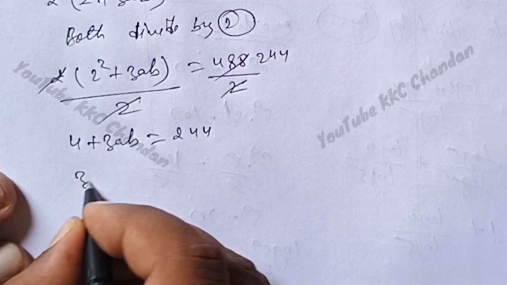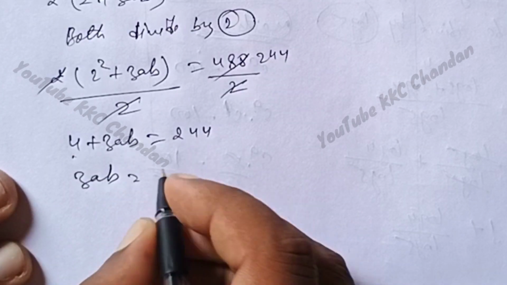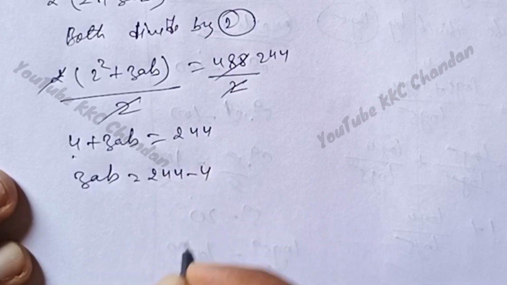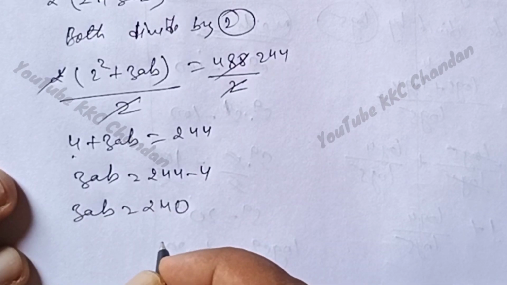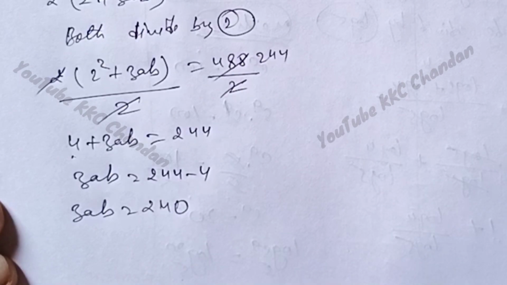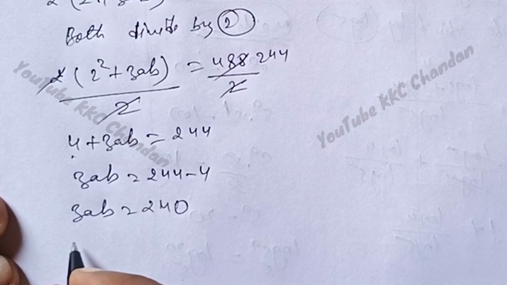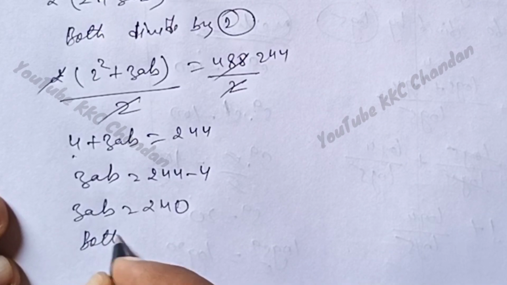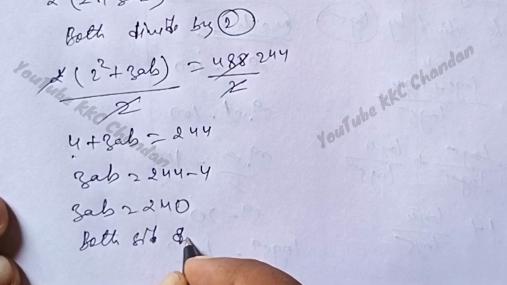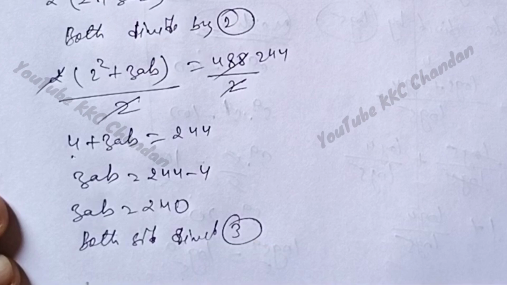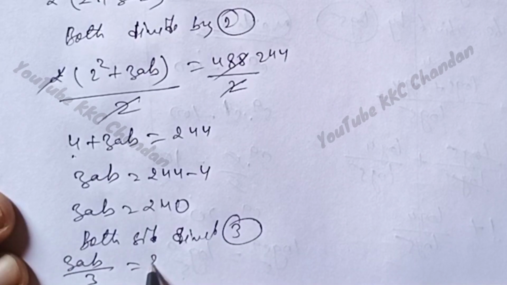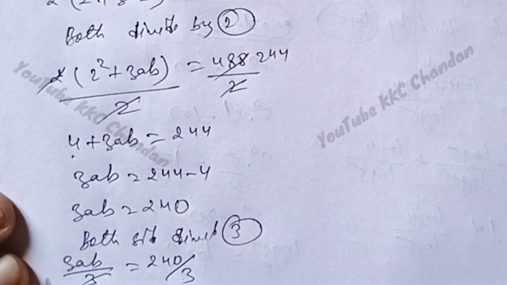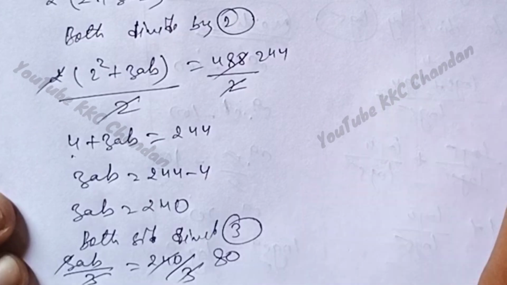After see here, 3AB is equal to 244 minus 4, the 4 comes this side. 3AB is equal to 240. Both sides divided by 3. 3AB divided by 3 is equal to 240 divided by 3. 3 cancel, this is 80.